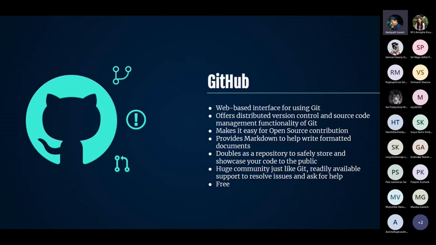And just like Git, it has a huge community, and people are readily available to resolve issues and help. Let's say you've started using Pandas, the Python library used for manipulating data, and you find some issue. You're trying to use it with another library, but there's some version compatibility problem, and there's a bug that you just can't get rid of.